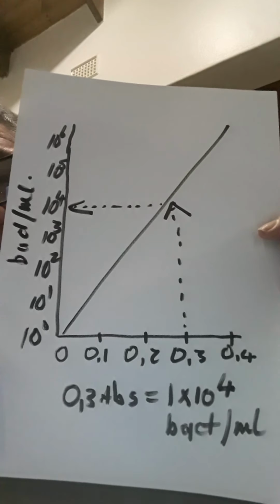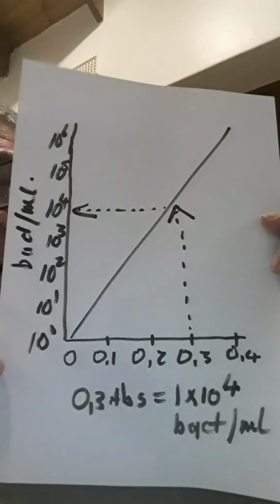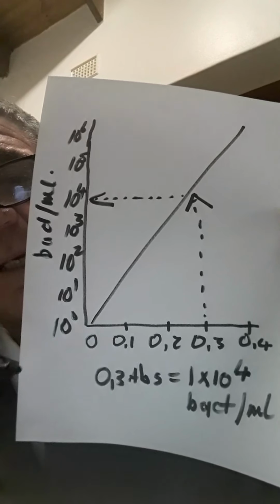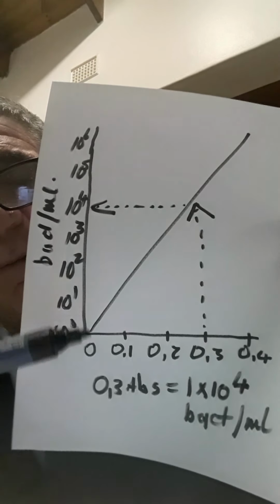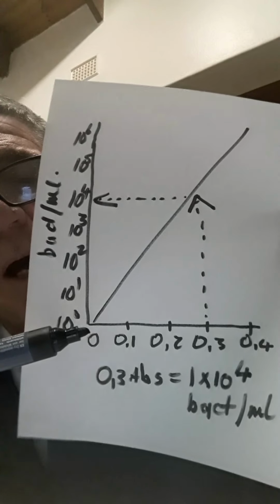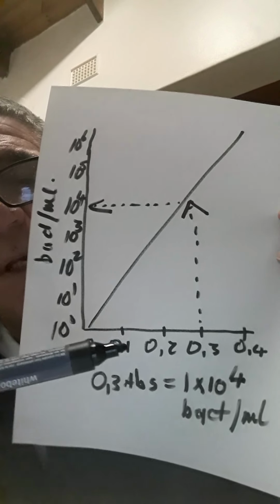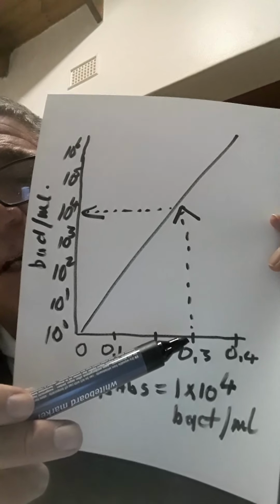But now, what can we do? Let me show you. I've done one here. On the x-axis, I've got absorbance, and on the y-axis, I've got bacteria per mole. There is my figure. Now, you can see this is a standard curve, and let's say I go to the spectrophotometer and read 0.3.